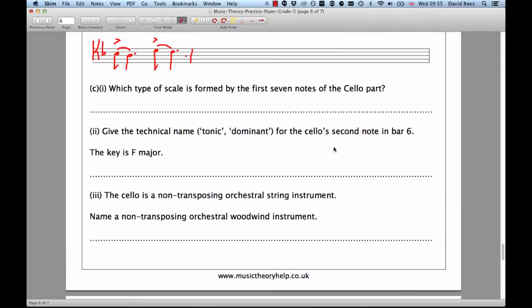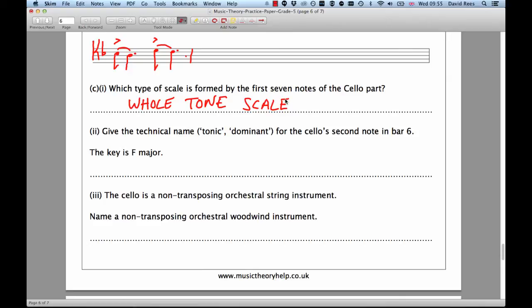And so for part C, we're going to say this scale is a whole tone scale. So just because the key signature says that the music is in F major, it doesn't mean that the composer has to write every single note coming from the scale of F major, and in this case they chose to write some different notes that gives this different whole tone scale type sound.